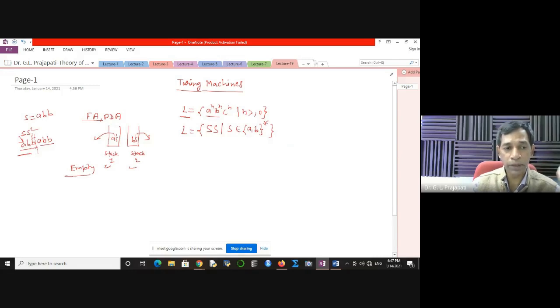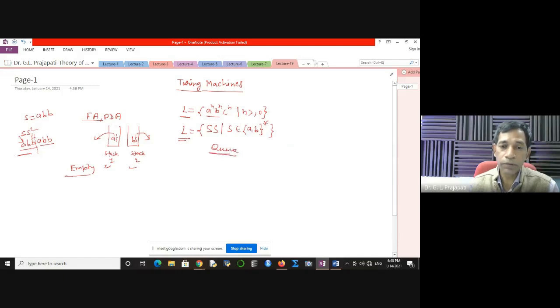You can only access the top element of the stack. So even the stack data structure is not suitable for this language. If you want to construct a model of computation for this language, you need to take a queue.